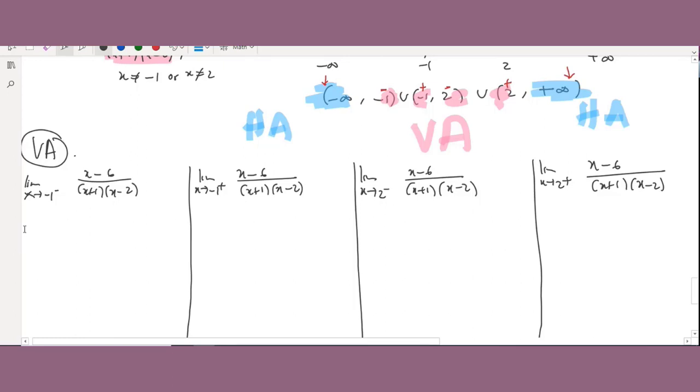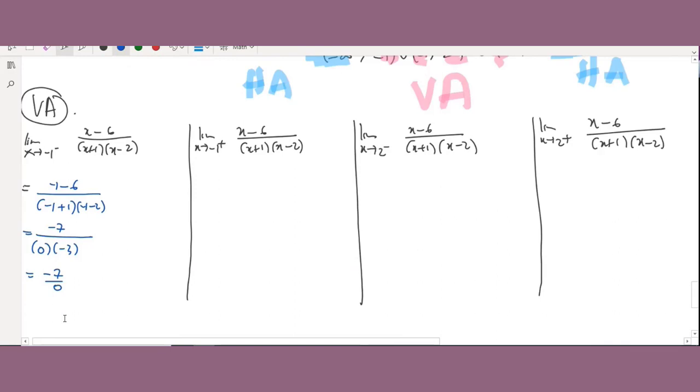So substitute directly: negative 1 minus 6, negative 1 plus 1, negative 1 minus 2. Check: negative 7, 0, negative 3. Then confirm the answer is negative 7 over 0, because of 0 times negative 3. Confirm the answer is infinity.